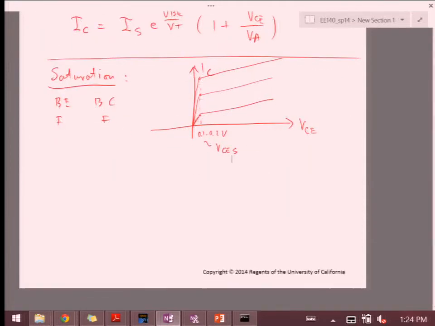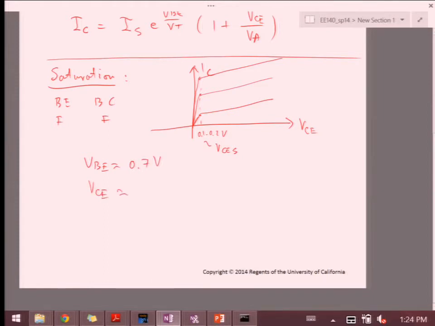Now, all these derivations that we did for the current versus density, etc., once both junctions become forward biased, you no longer have this gradient in the base. You actually have a flood of electrons from both sides. And therefore, what matters is that VBE will still be approximately 0.7 volts.